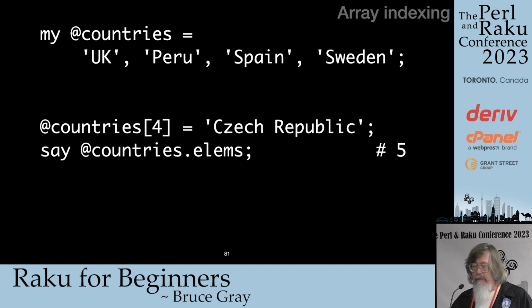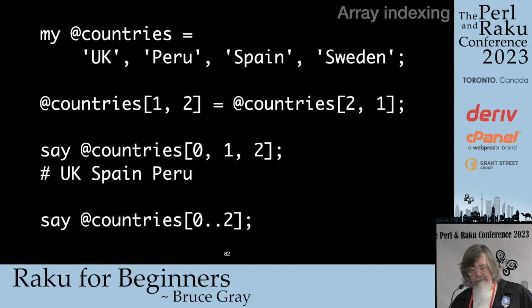Assigning to an element that does not yet exist will extend the array, and not just by 1. If I then assign to element 100, then I've got a 101 element array and a whole lot of undefined values in between. You can refer to multiple elements at once. And the last time I gave this talk, we were de-emphasizing the Perl stuff. This is a Perl and Raku conference.